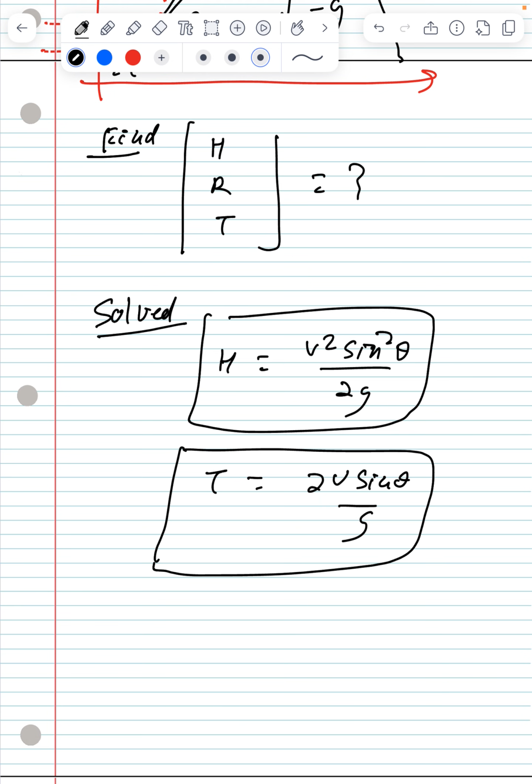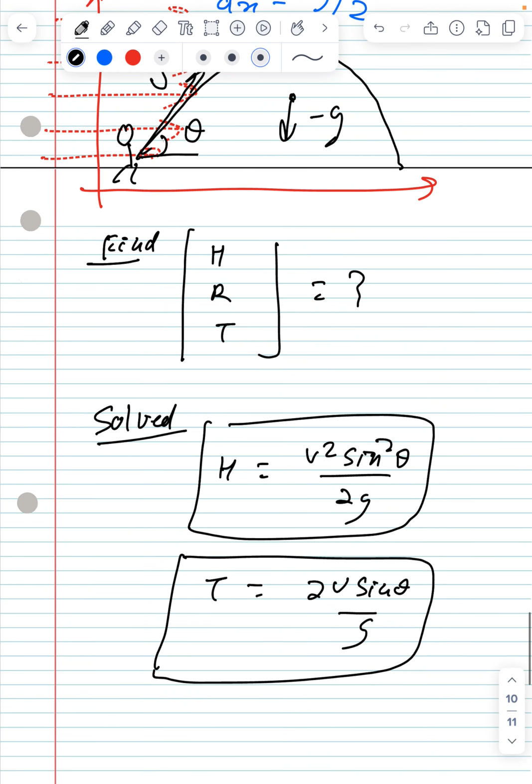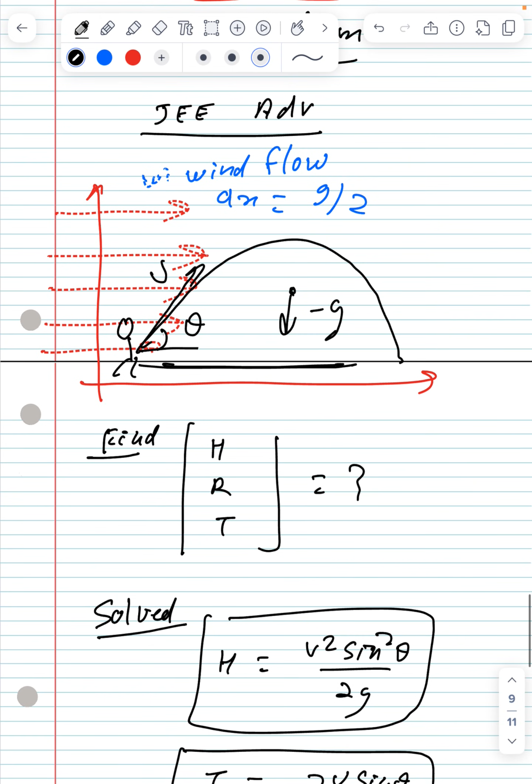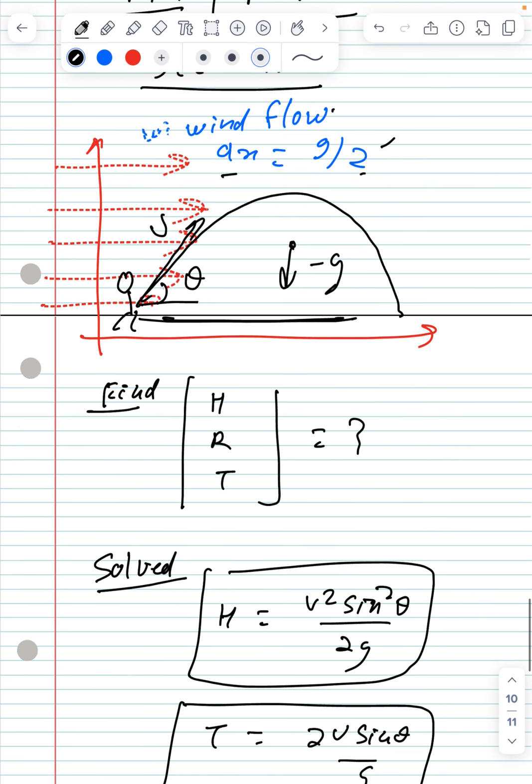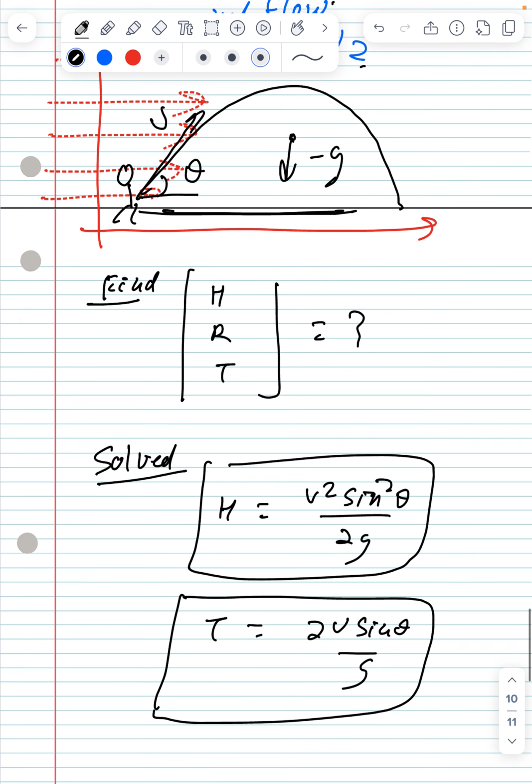The values of h and T are similar, mean h equals u square sin square theta divided by 2g, because along the vertical direction only acceleration due to gravity, negative g, acts, right, and flight time T equals 2u sin theta divided by g, no change.